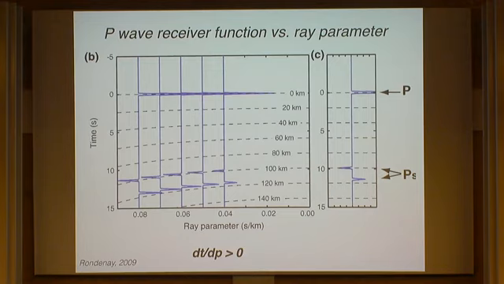Then you can see the conversions from the top and the bottom of the boundary. As you can see, they do not arrive at the same time, but they follow some slope. Of course, you can take advantage of the slope and stack over a wide range of observations at different angles, which correspond to different epicentral distances.